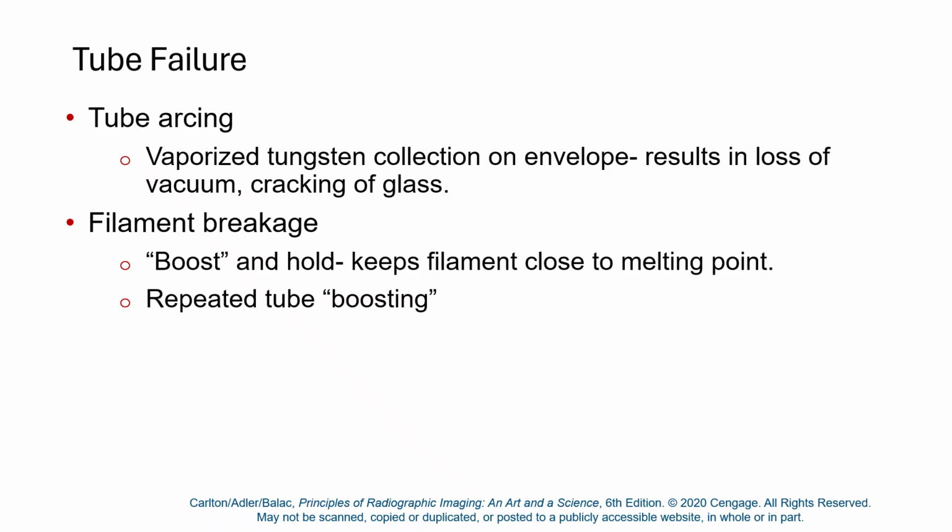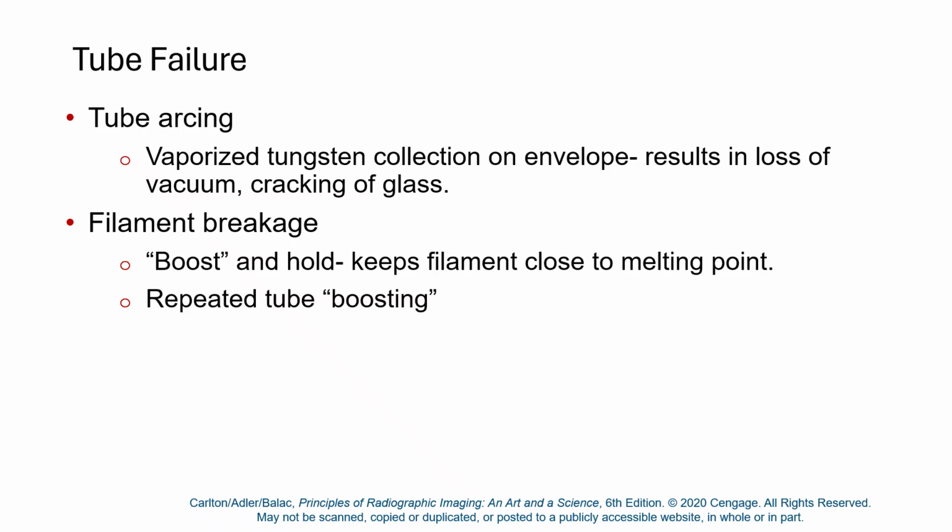The most common cause of tube failure is tube arcing. Tube arcing will happen eventually. That's how old X-ray tubes eventually die. Tube arcing happens when you vaporize the tungsten, and then that tungsten, after it loses heat energy, precipitates back out as a solid dust on the inside of your glass envelope.